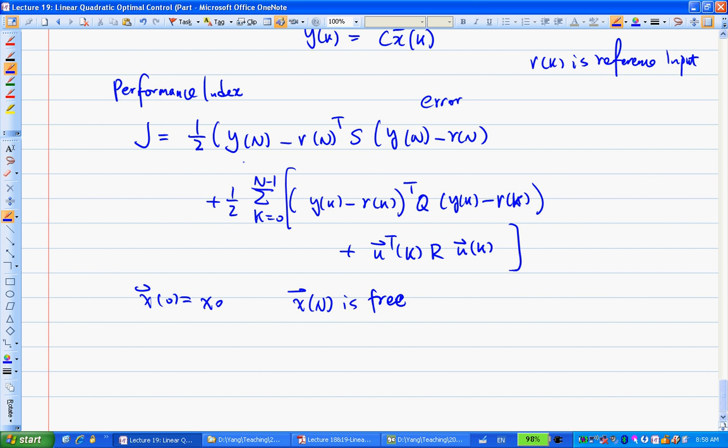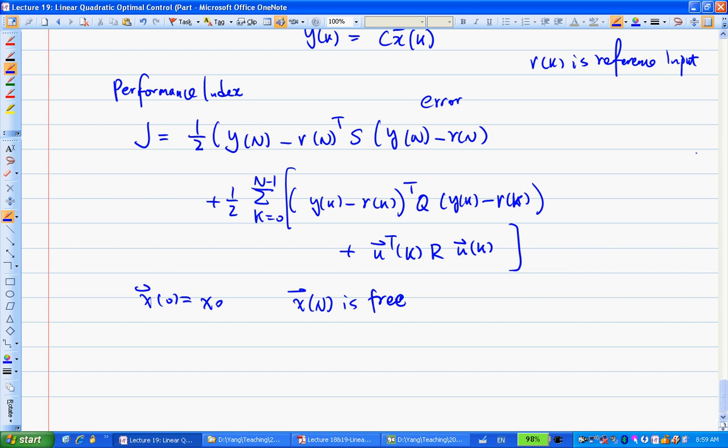We're not going to go through the whole boring stuff anymore. What happens next is the same thing. You create an augmented performance index using Lagrange multiplier, calculate the three partial derivatives, manipulate them, find the discrete Riccati equation, and find the feedback K again, right?